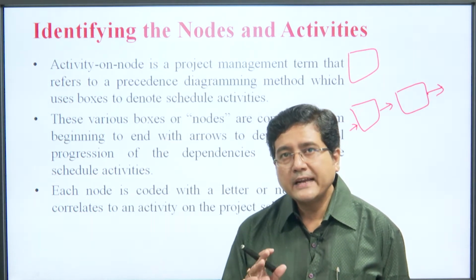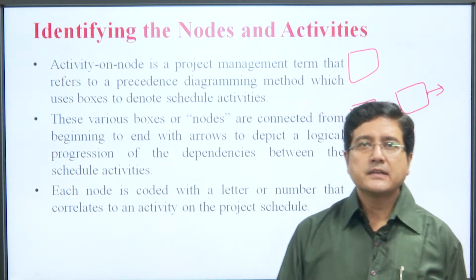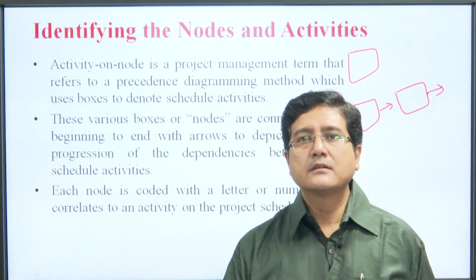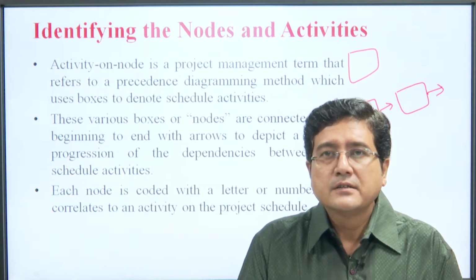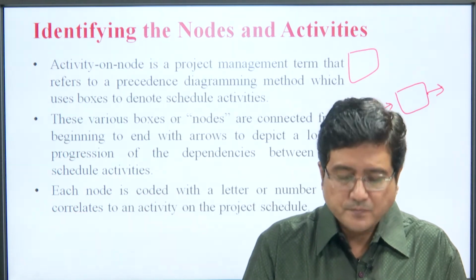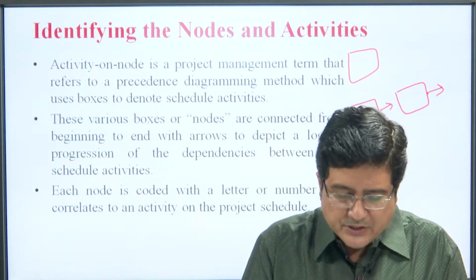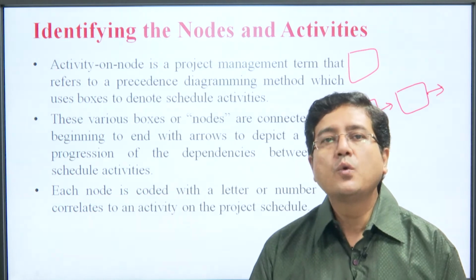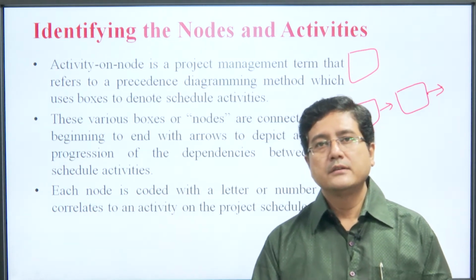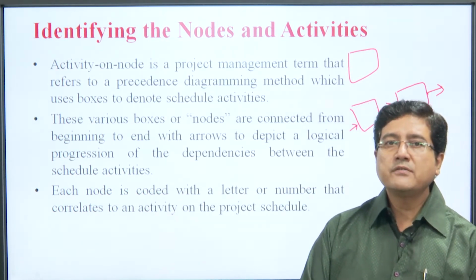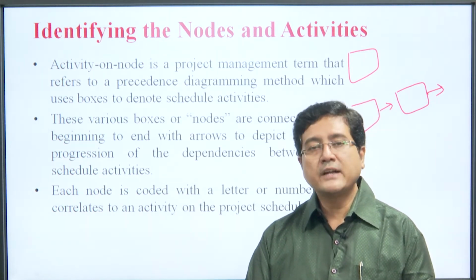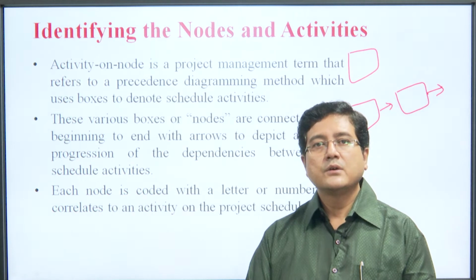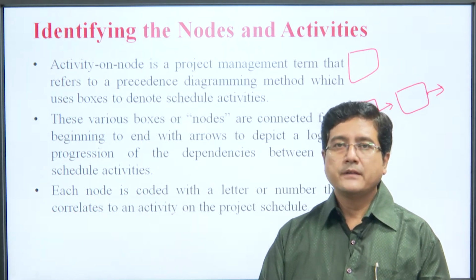So, nodes and activities are represented in diagrammatic form, and the boxes are connected with arrows. Each node is coded with a letter or number that correlates to an activity on the project schedule.